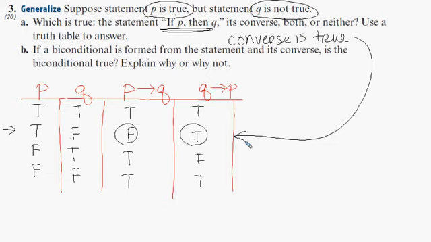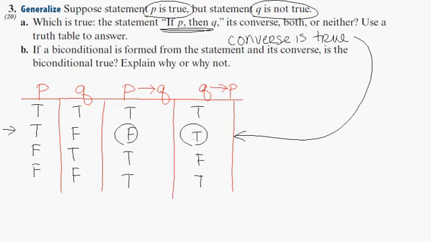Now, the last question is, if a biconditional is formed from the statement and its converse, is the biconditional true? Well, let me remind you that the only way that a biconditional can work is if P then Q is true and Q then P is true, right?